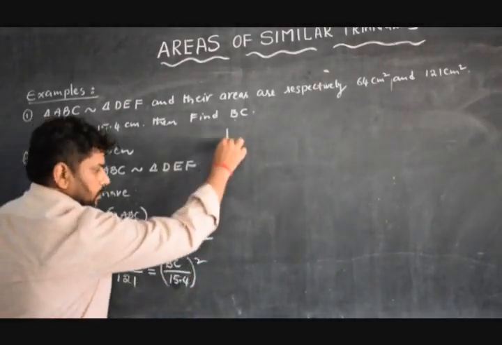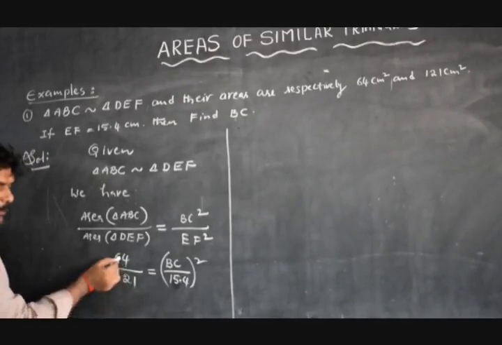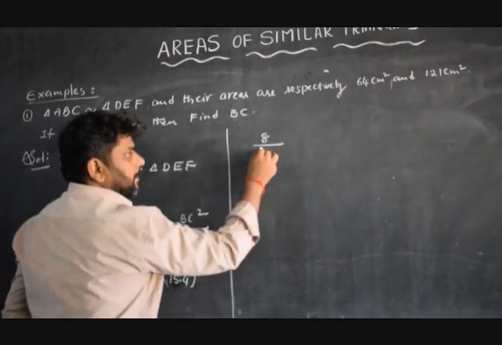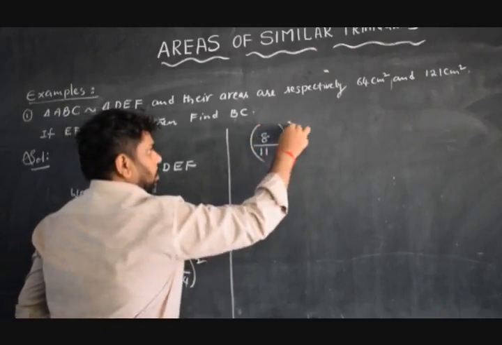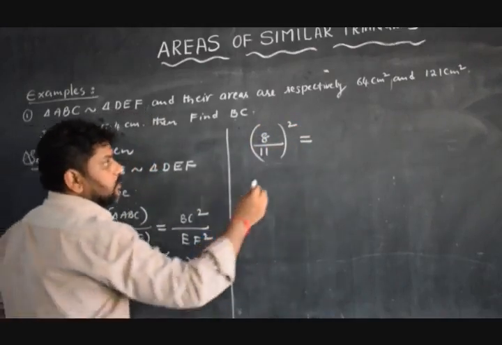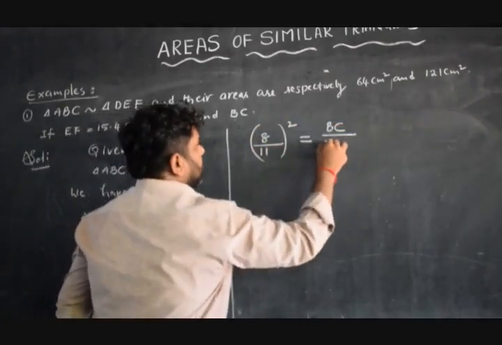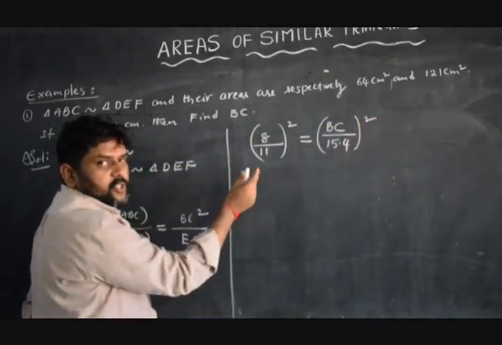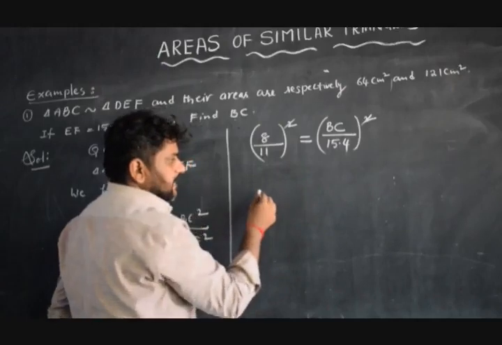Now 64 by 121 can be written as 8 by 11 whole square, equal to BC by 15.4 whole square. Both sides square root gets cancelled.